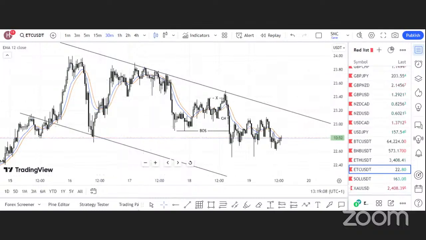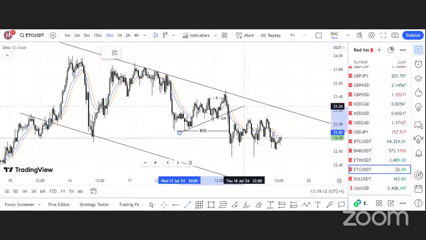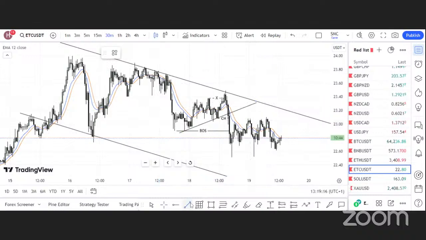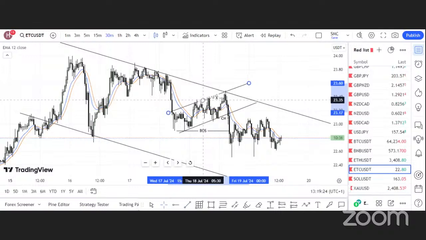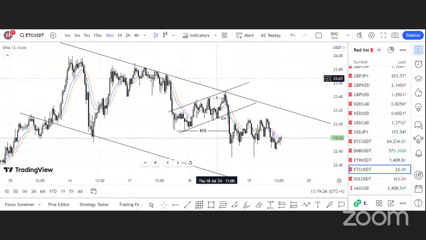So after drawing the trend line, I figured that there was a move, okay, a small move that had happened previously around this level. All right. So from here to this level, you see there was an internal structure, and this is a buy structure, right? This is a bullish move.